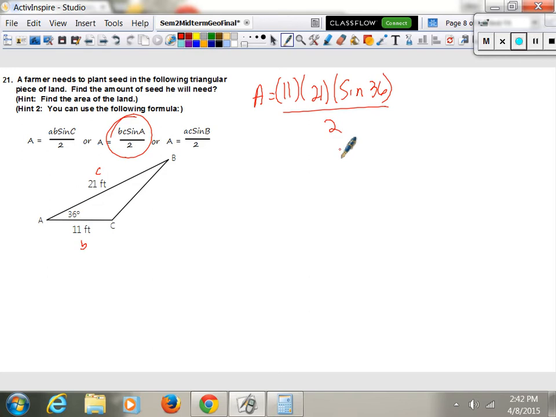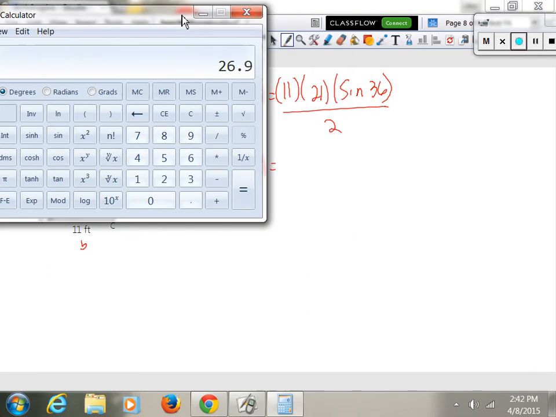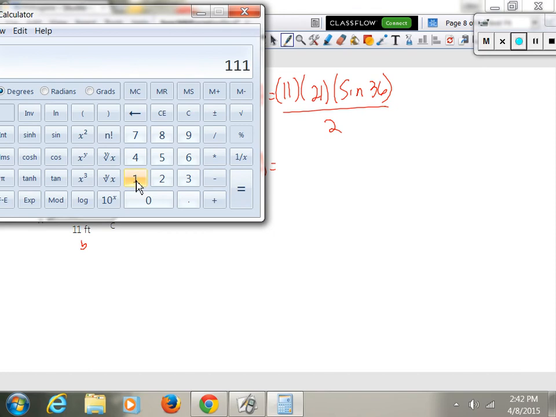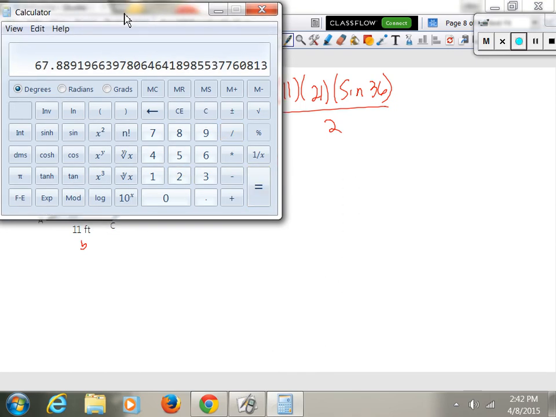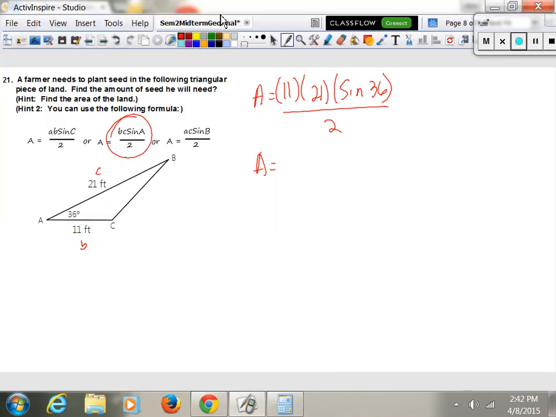Divide that whole thing by 2. So all that is a calculator problem. You put in 11 times 21 times the sine of 36, equal that out, and then divide it by 2, and you get 67.9 when you round it off. That would be square feet.